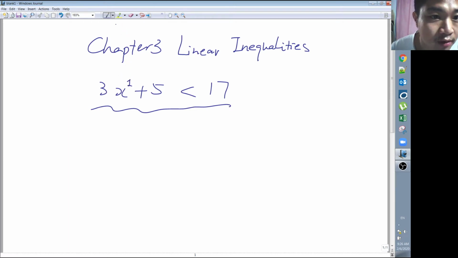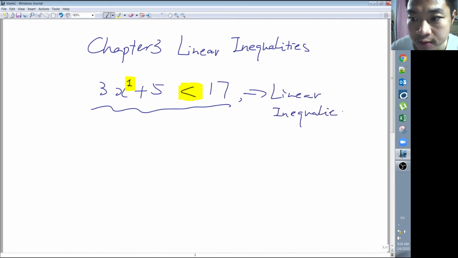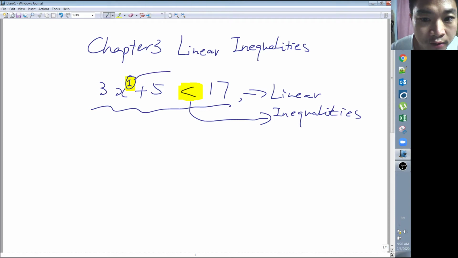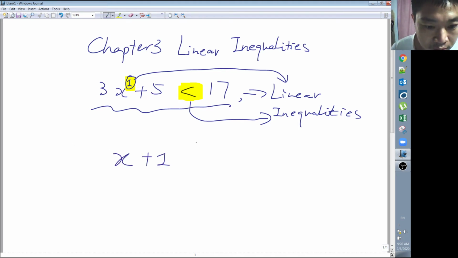The highest power of this inequality is actually 1, and you have an inequality sign here, so therefore this is your linear inequality. The inequality sign gives you the term inequalities, and the highest power of 1 gives you the term linear.